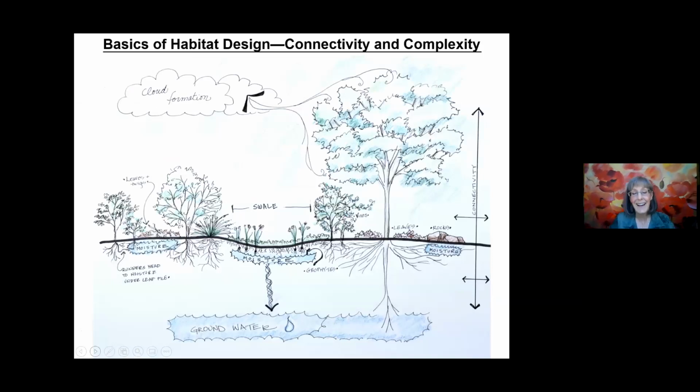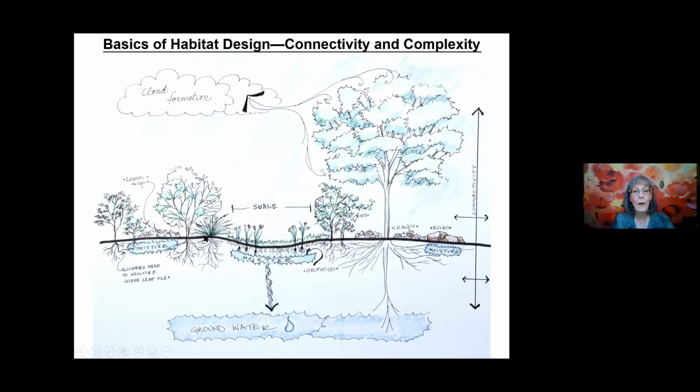I've taken this idea and created my own little drawing in the way that I like to look at how connected things are. And connectivity is very important in design. What I mean by connectivity is that everything is connected to everything else. Let's talk about how moisture is connected.